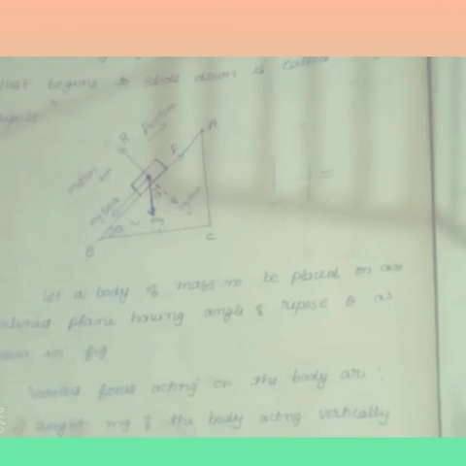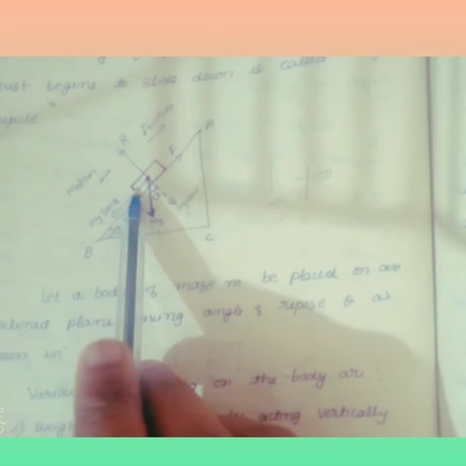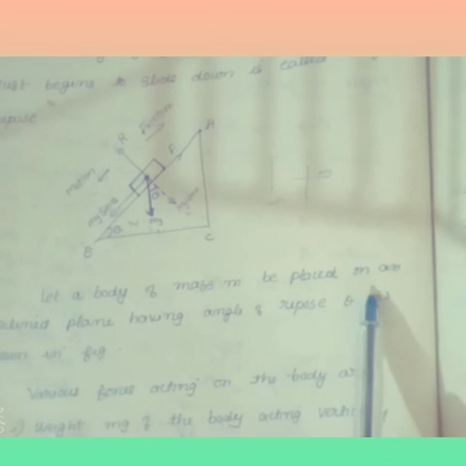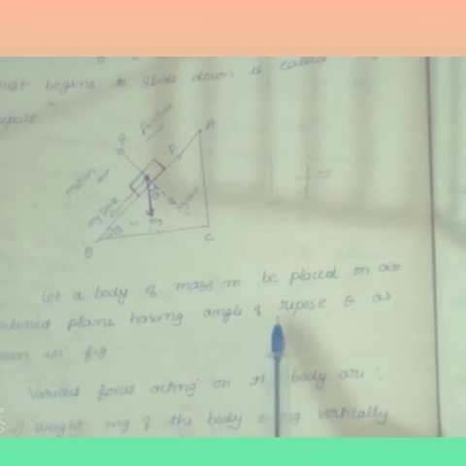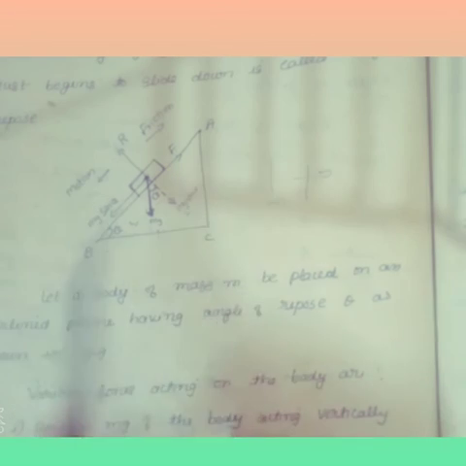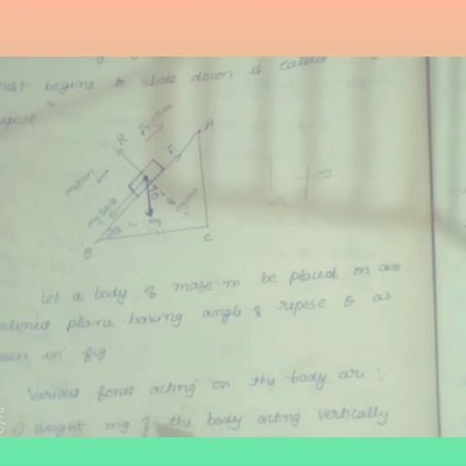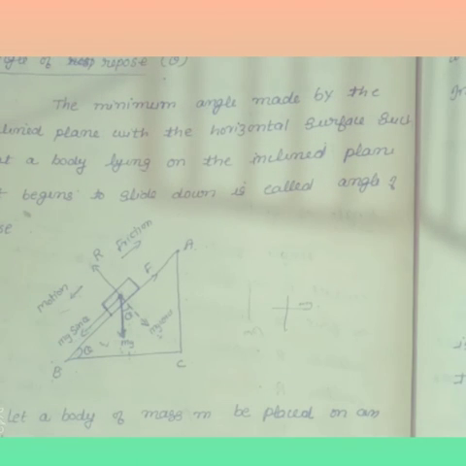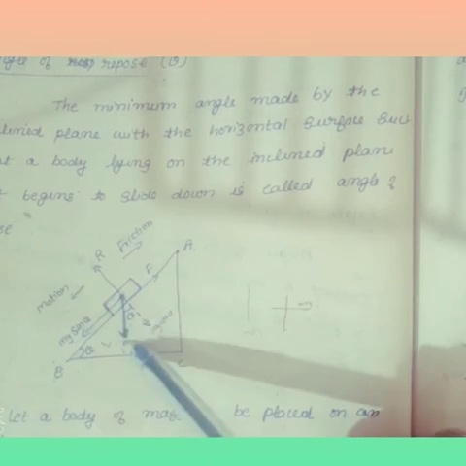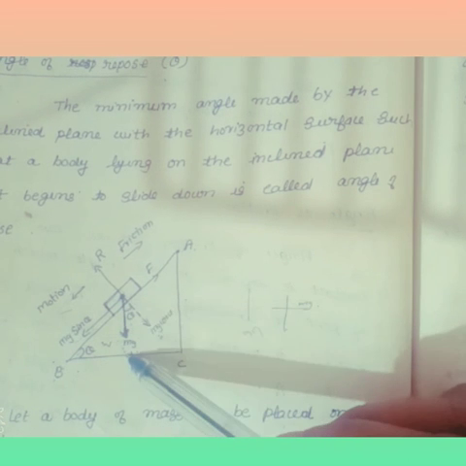Let a body of mass m, this wooden block, be placed on an inclined plane having angle of repose theta, as shown in the figure. The various forces acting on the body are, first, the weight mg acting vertically downward.